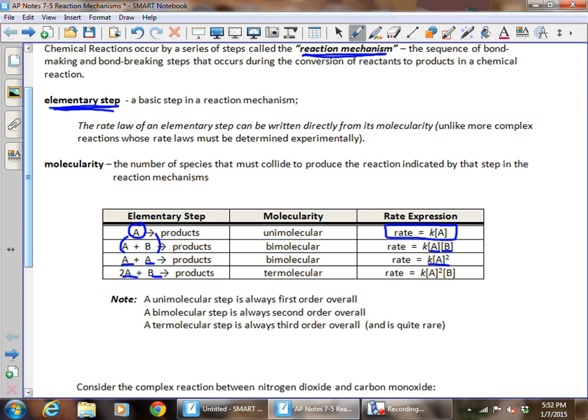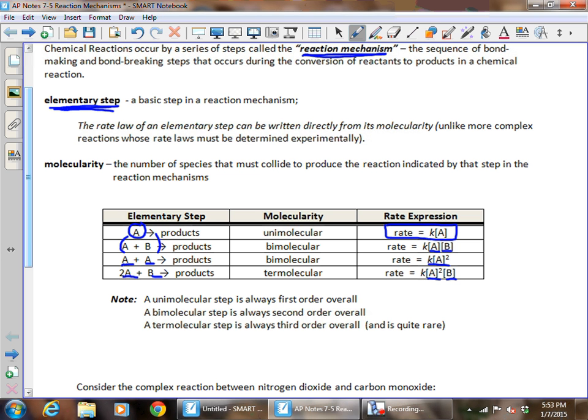Or if two A's and a B, and these are pretty rare because getting these to all collide at once in the right orientation is not common for an elementary step, but if they do, then we would have A squared times B. So that's what we mean by determining rate law from the molecularity if it's an elementary step.